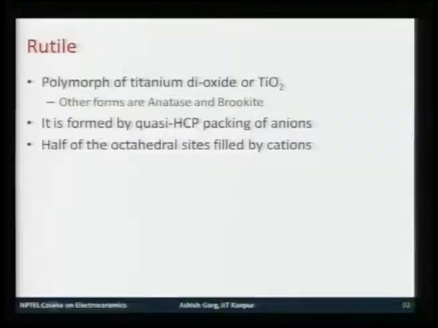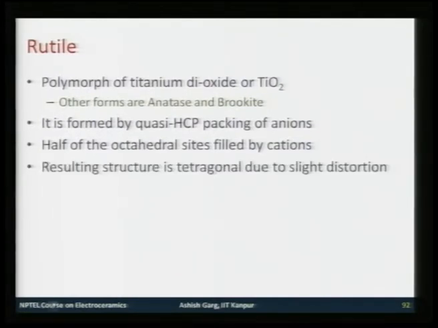And since you have 2 anions for 1 cation, only half of the octahedral sites will be filled. So, when we form the structure, the resulting structure does not have a hexagonal form, rather it is tetragonal in nature because of slight distortion of the structure. So, that is why this HCP packing is referred to as quasi HCP packing.